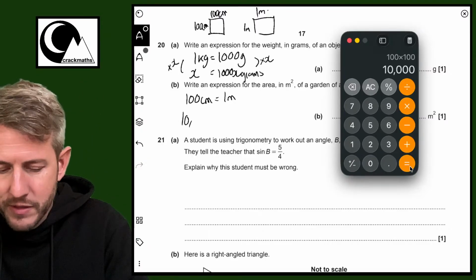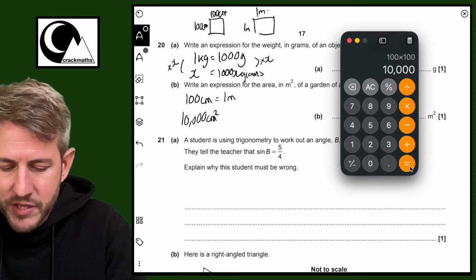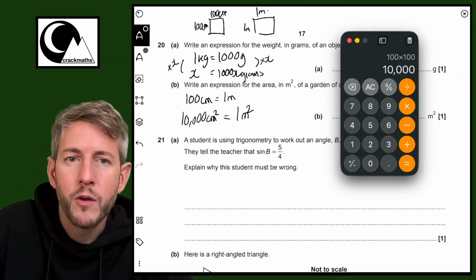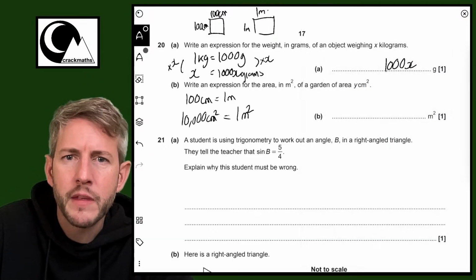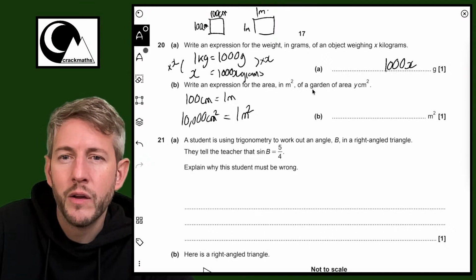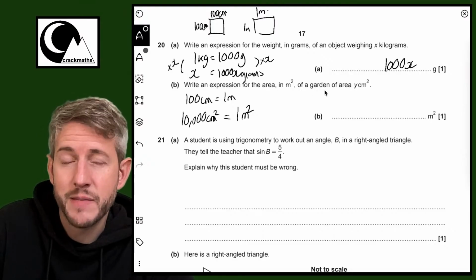So 10,000 centimeters squared equals 1 meter squared. Okay, right, so let's remove that then. So write an expression for an area in meters squared with an area of Y centimeters squared.